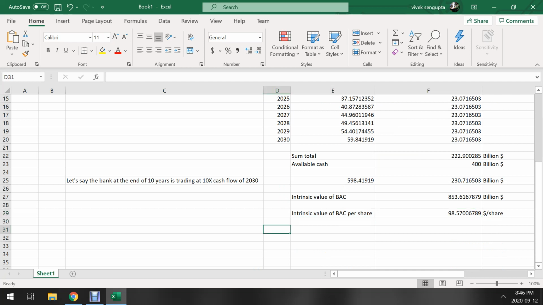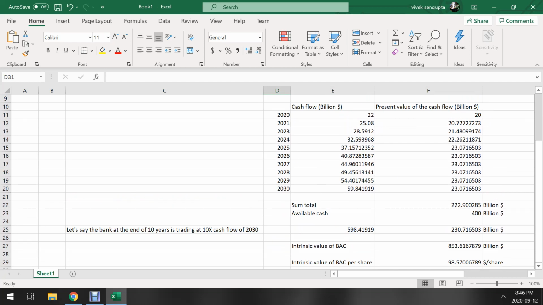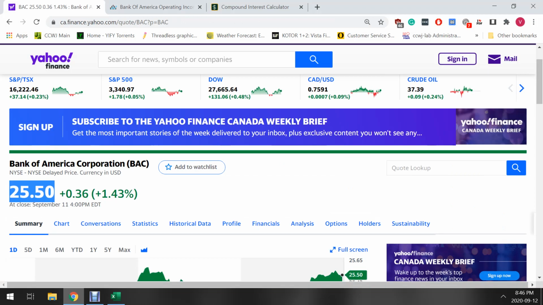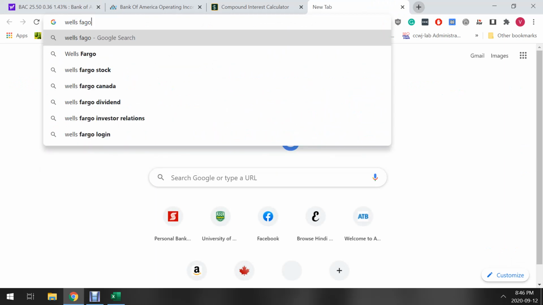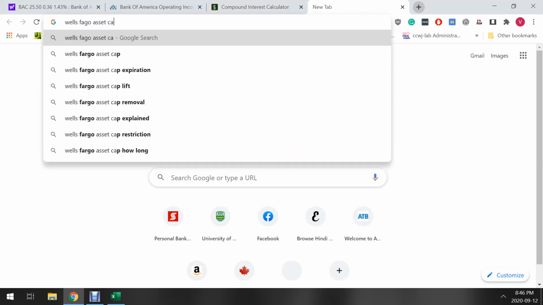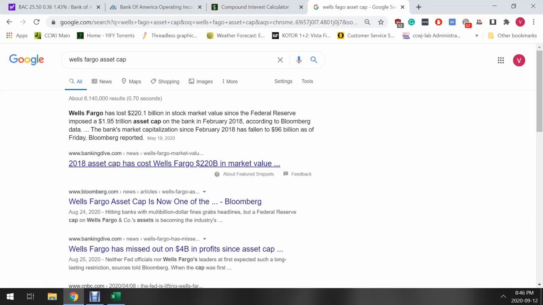And I think we have been conservative enough, but Bank of America, I think, is going to grow at much faster rates. And the reason for that is, like you see Wells Fargo here, and if I search asset cap, right? Wells Fargo asset cap, you go to the first link.